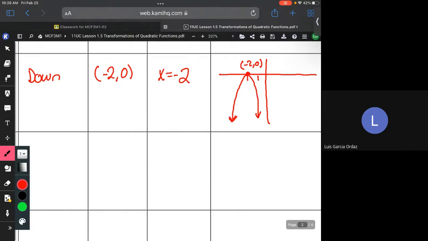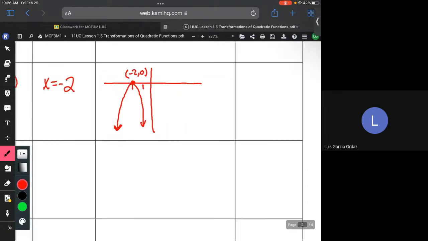Now, with that said, all of the things that we've done so far were minimums. Does this have a minimum or a maximum? Max at -2 and 0.